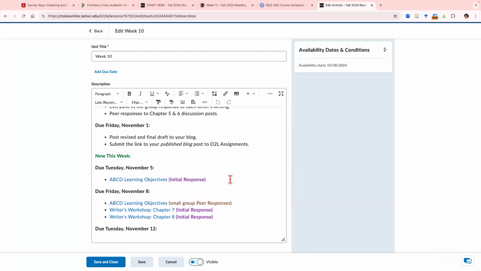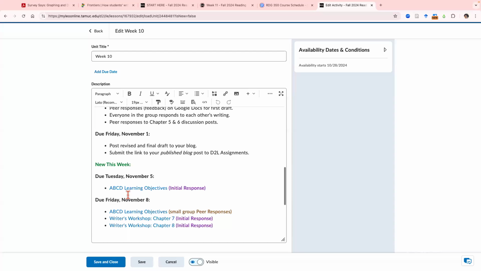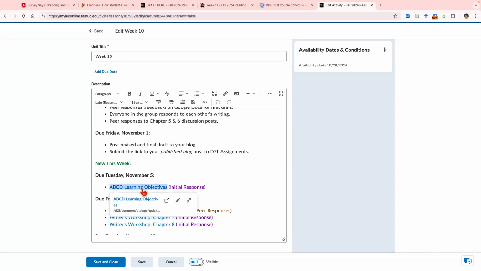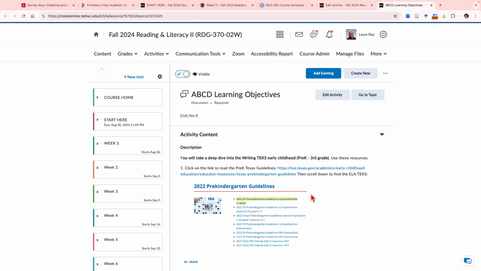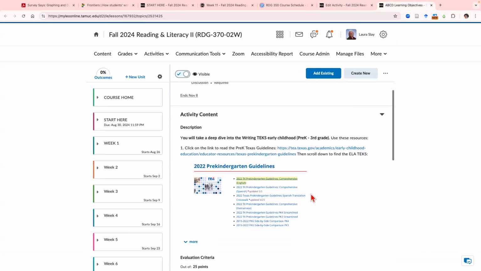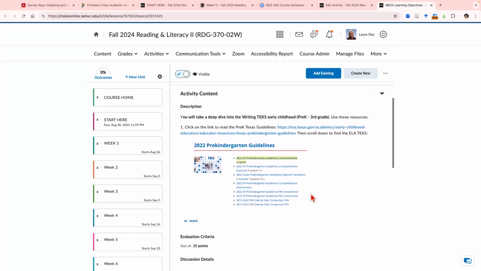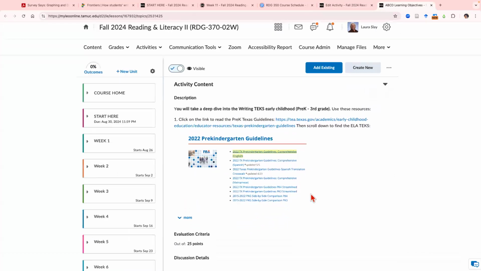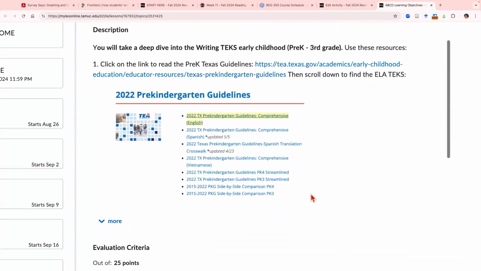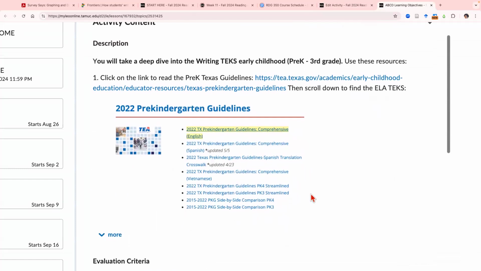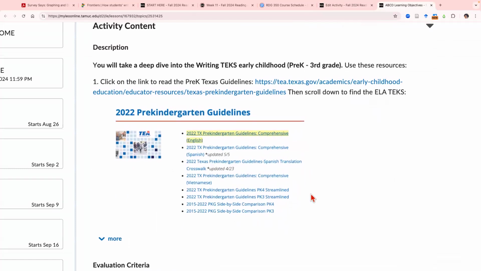So let's go ahead and start looking at the first pieces, which is going to be this learning objective video here. Let's see if we can get that to pop up. It's in a discussion, and here are the pieces of it. Let me make that a little bigger for purposes of me reading and you seeing on the screen. So here are the instructions. You will take a deep dive into writing TEKS in the early childhood area all the way through grade 3.